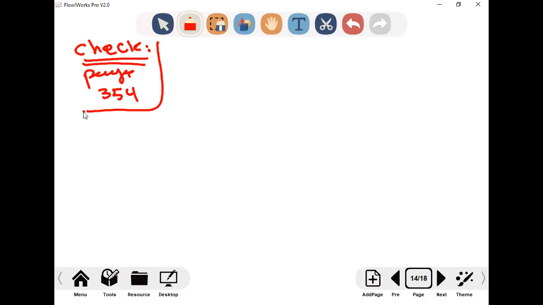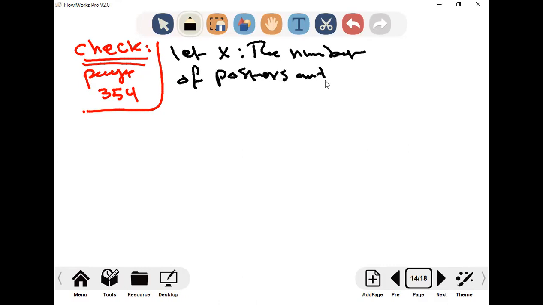Let x be the number of posters, and the same number of poster frames, since he wants to buy the same number of posters and poster frames. So x for this and x for this one.